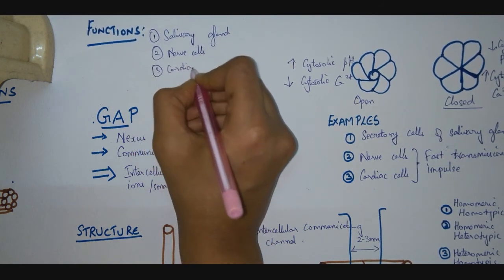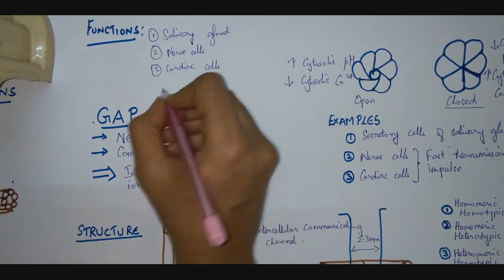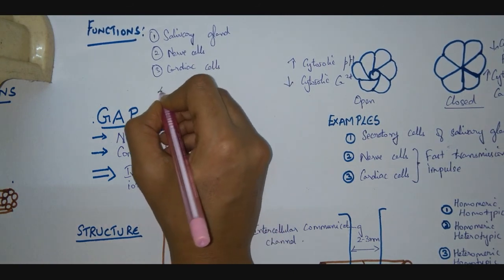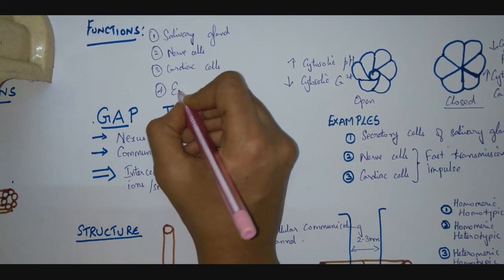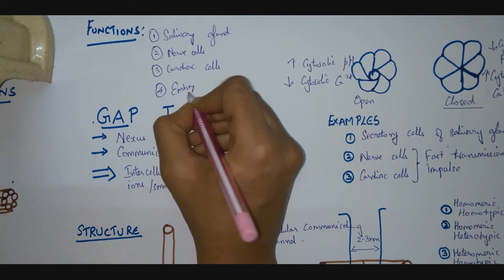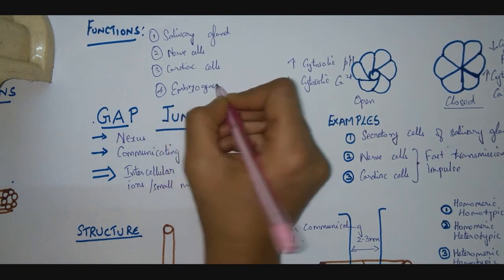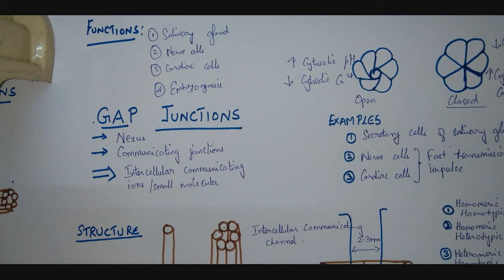And a very important function of the gap junctions is during embryogenesis. During embryogenesis, these are the junctions which couple the cells of the developing embryo electrically, and they also distribute informational molecules throughout the migrating cell masses.